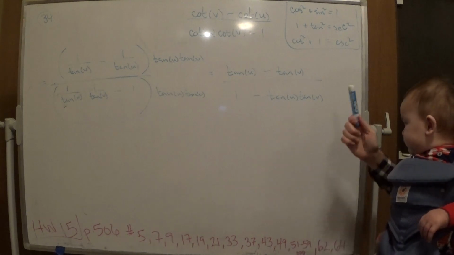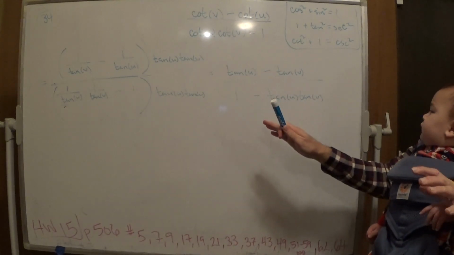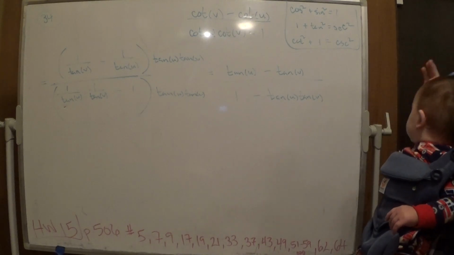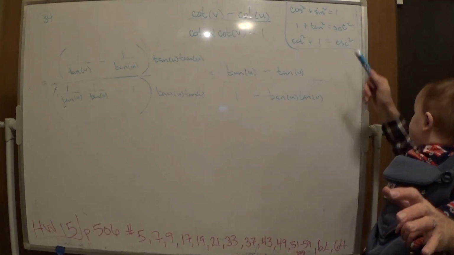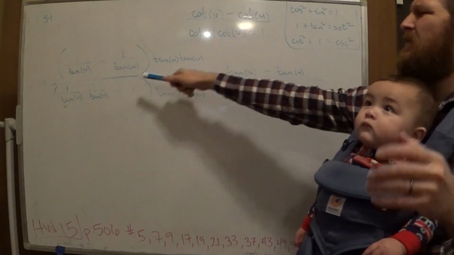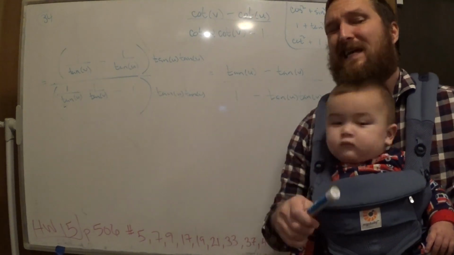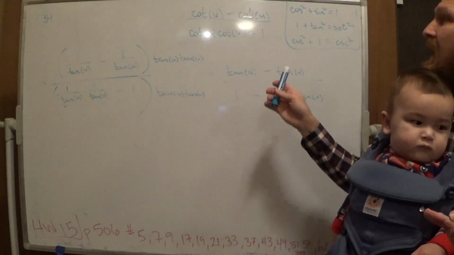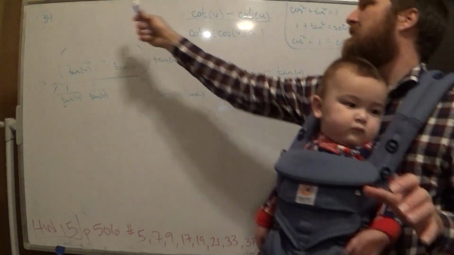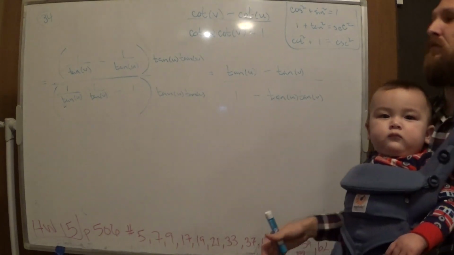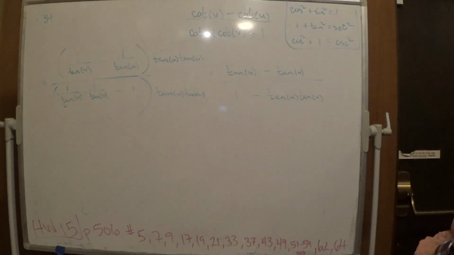I didn't turn everybody into sines and cosines. I could have. But I noticed that tangent and cotangent had this nifty relationship, so I didn't need to go that far into it. But if I had a cotan and a secant or something like that, I'd probably turn everybody into pure sines and cosines.